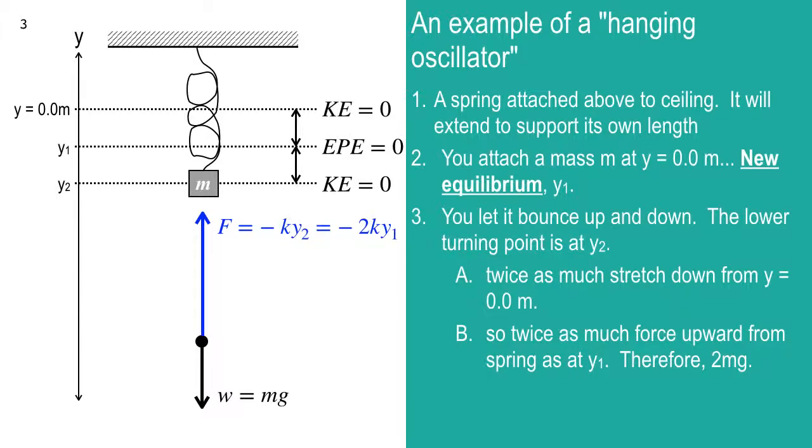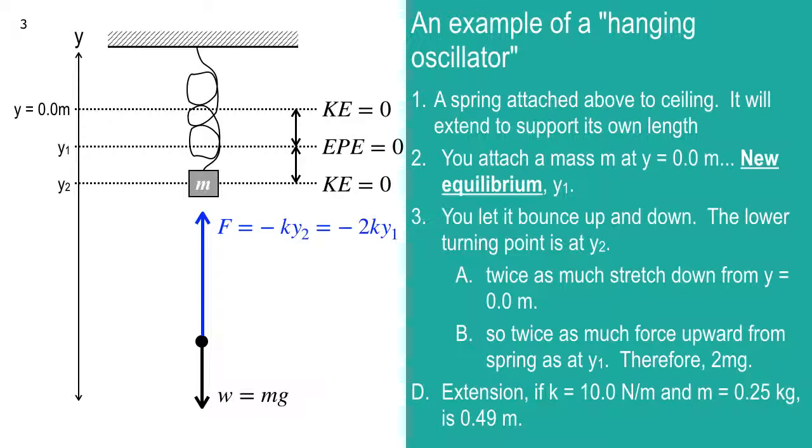So if k is equal to 10.0 newtons per meter, now we can plug stuff in. All right, we're going to do that in a second. And this is a problem from your textbook, basically, Chapter 16.3, I think.